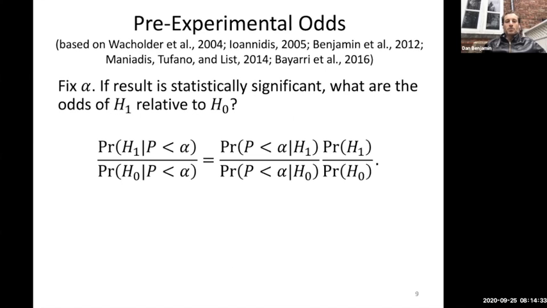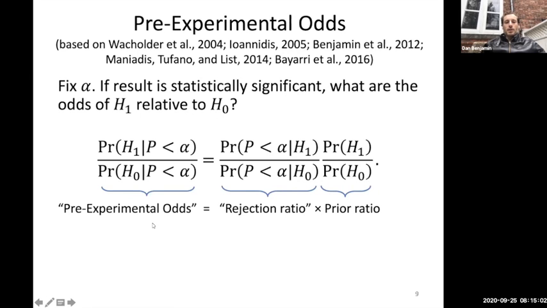So when we do the division, we get that the relative probability of the alternative to the null, or the odds of the alternative hypothesis relative to the null, given that we got a statistically significant result, is the odds that we would get a significant result under the alternative relative to the null, times the prior odds.